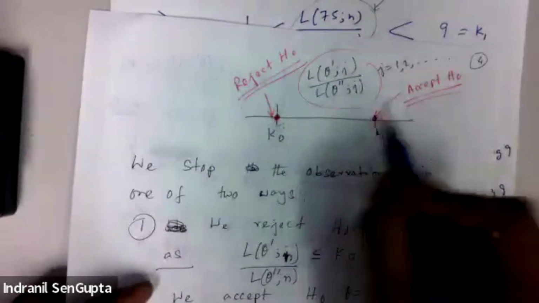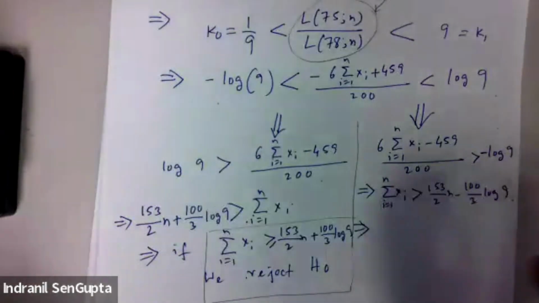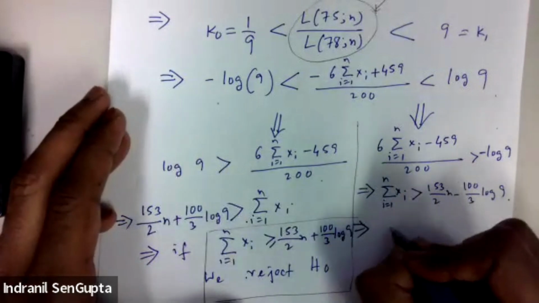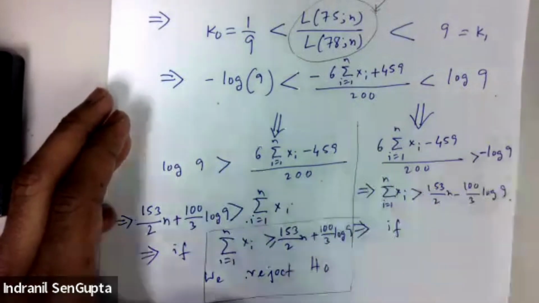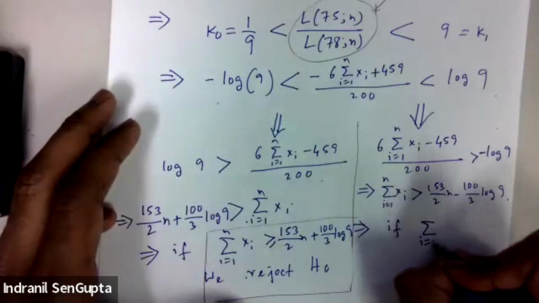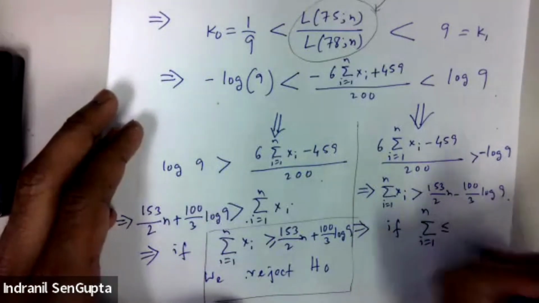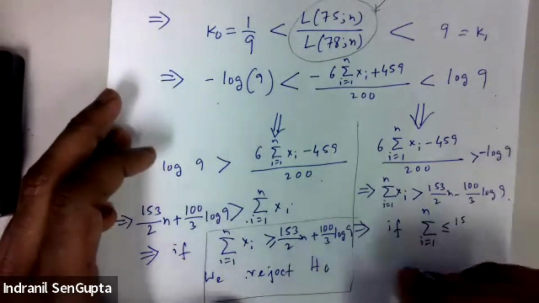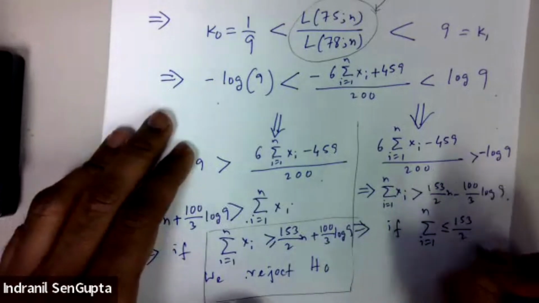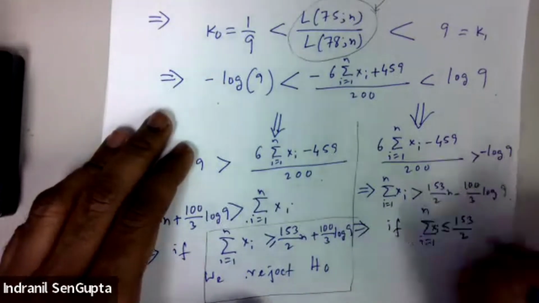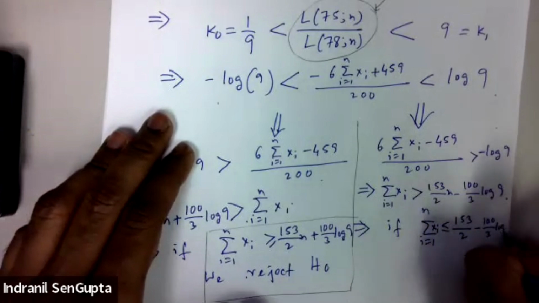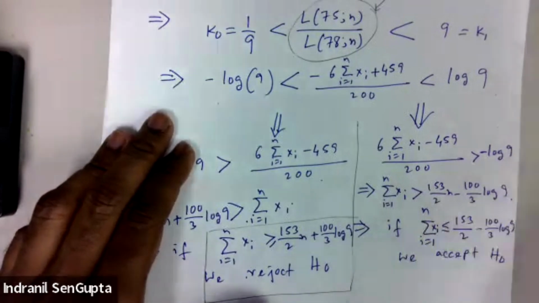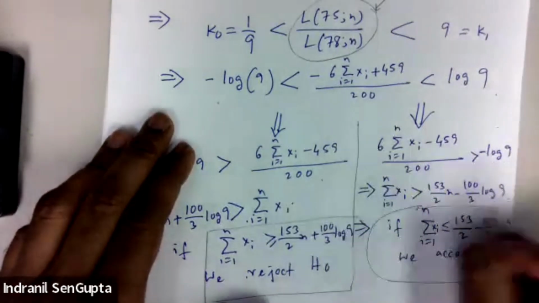If we are passing this one, we accept the null, right? So that means if summation of i from 1 to n is less than or equal to 153 over 2n minus 100 over 3 log 9, we accept H0.